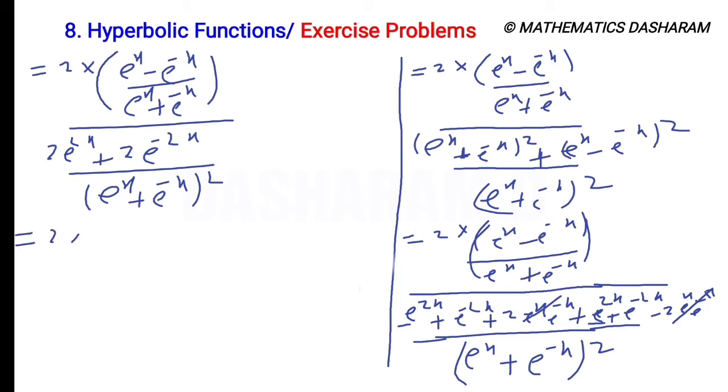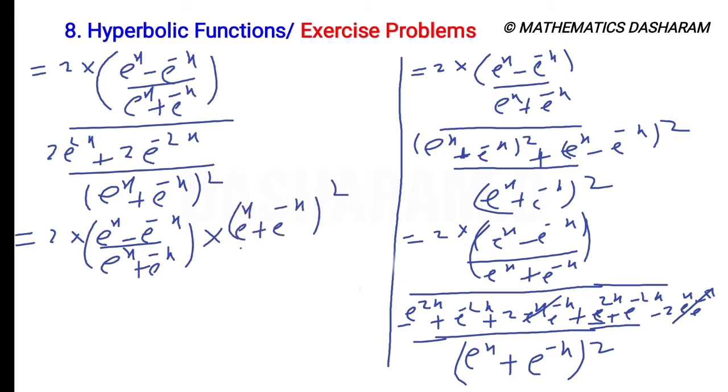Now 2 into, so the fraction will become reversed, so (e to the power of x plus e to the power of minus x) whole square divided by, here take the 2 common, e to the power of 2x plus e to the power of minus 2x.